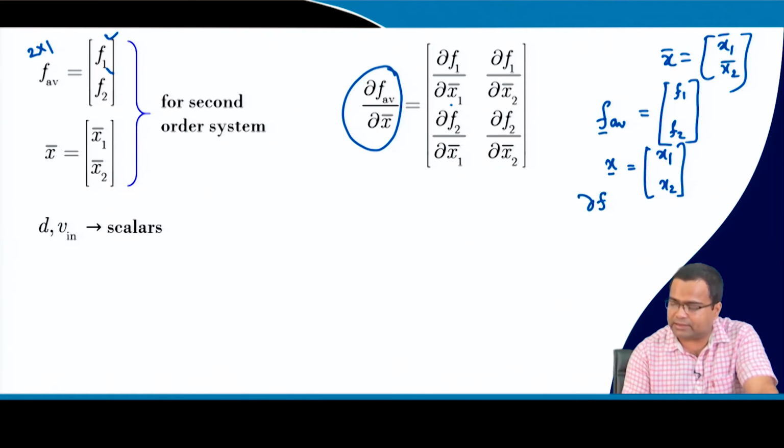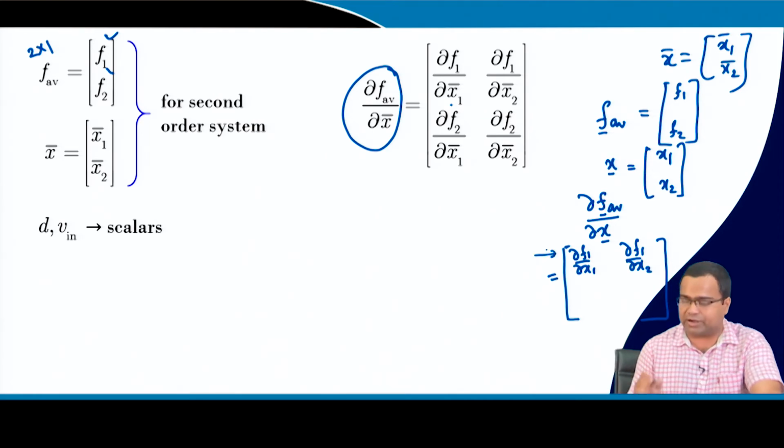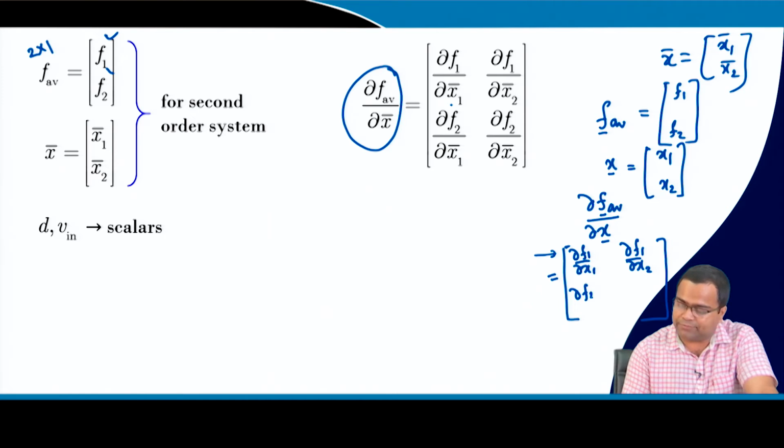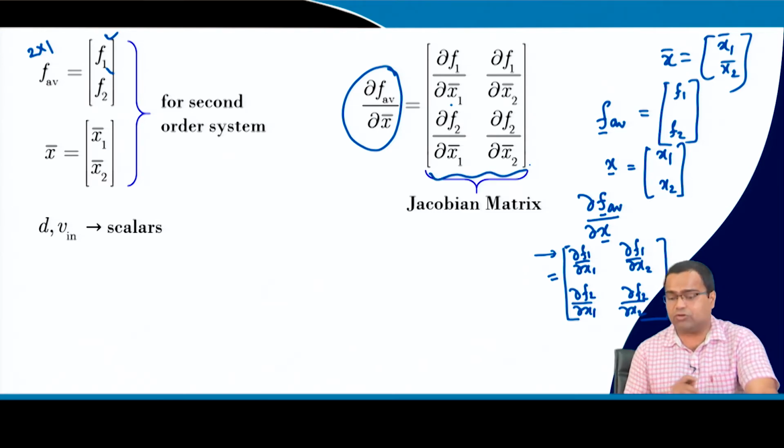I want to get this vector's partial derivative with this vector, and this can be written as the first term ∂f1/∂x1, ∂f1/∂x2. That means, in this line f1 should be there in the numerator, ∂f2/∂x1, ∂f2/∂x2. So, this is exactly what we got, and this is called the Jacobian matrix.